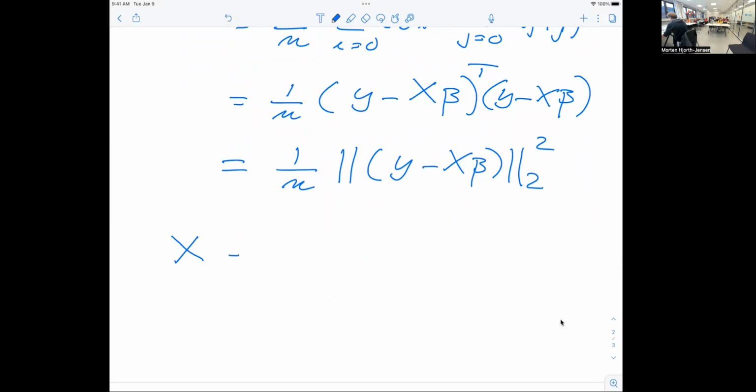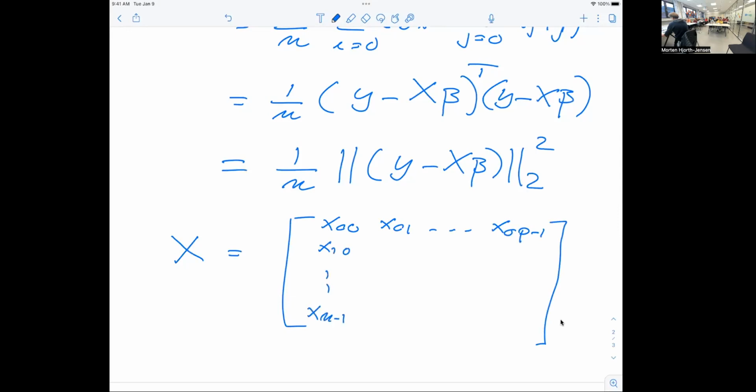So X is a matrix which contains these different matrix elements. If you have a polynomial fit, the first column would be the intercept column, corresponding to this beta 0. And then there's x0 up to x0 p minus 1, and then we have x10 down to x n minus 1 0, and this goes all the way up to x n minus 1, p minus 1.